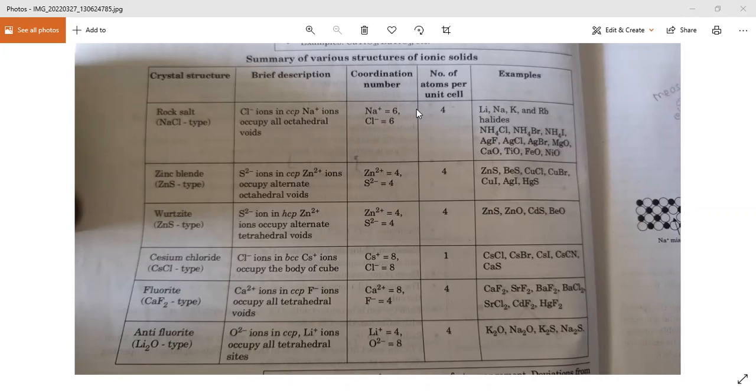What is the answer? Answer is 6, right? The coordination number will be 6.